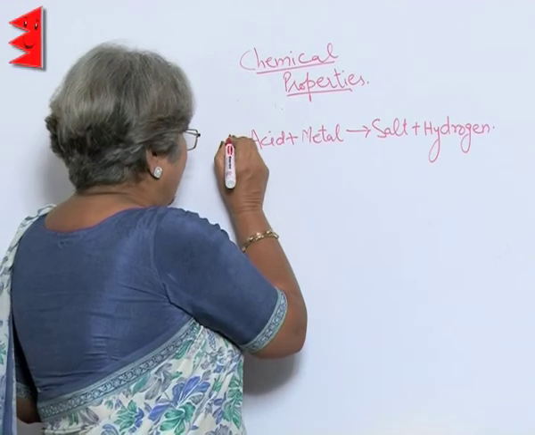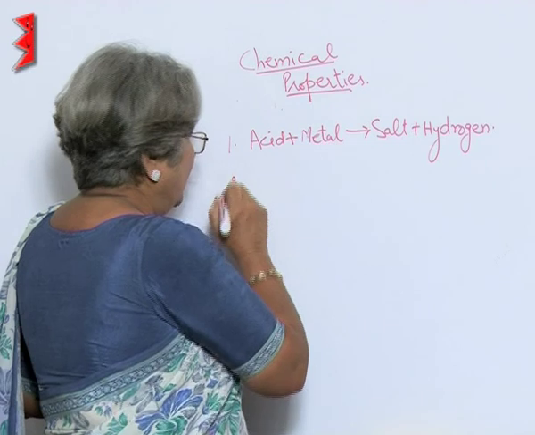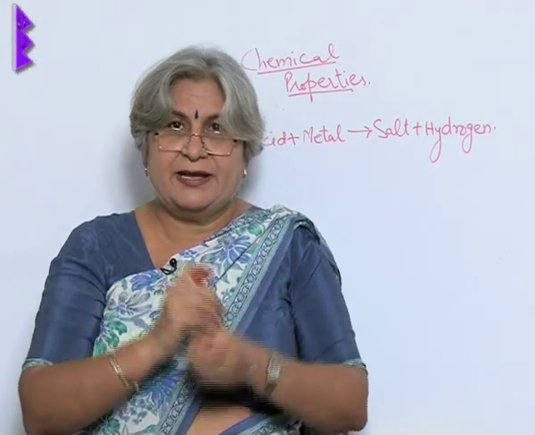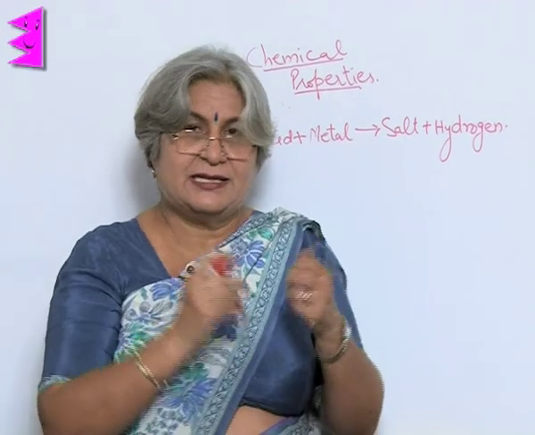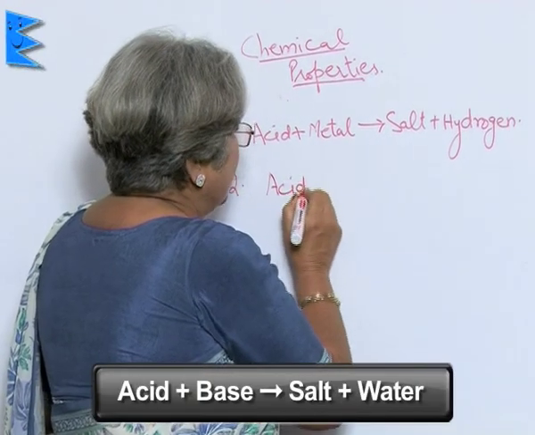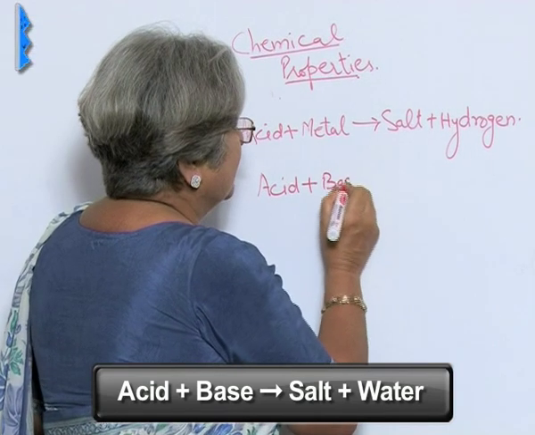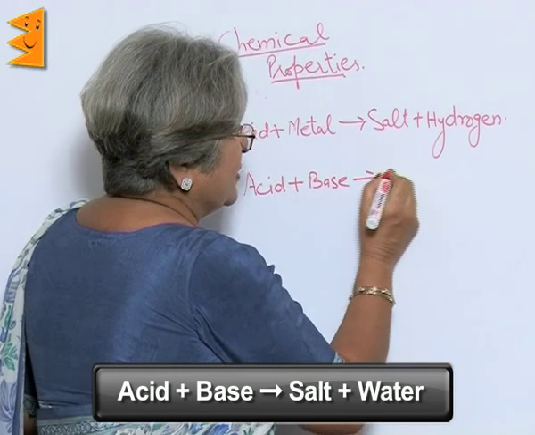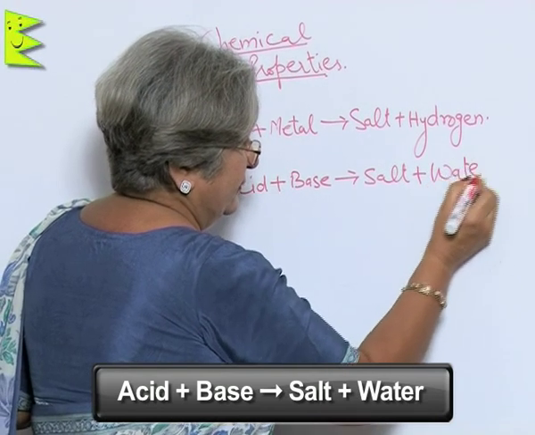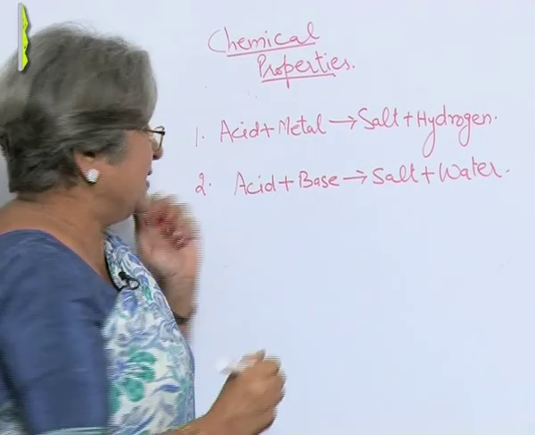Now the second property is what will happen if we put acid and base together. Let us see what is going to happen. Acid plus base gives us salt plus water. Let us see how.